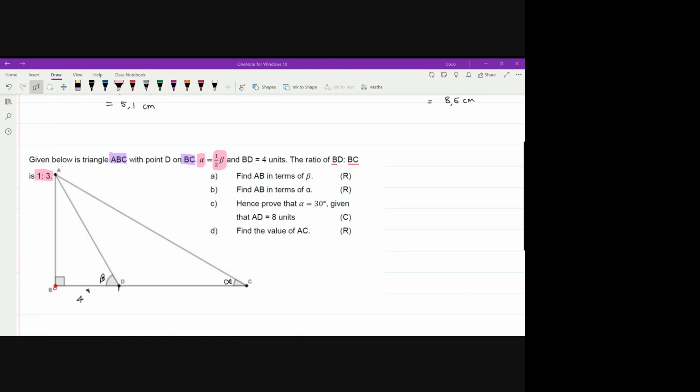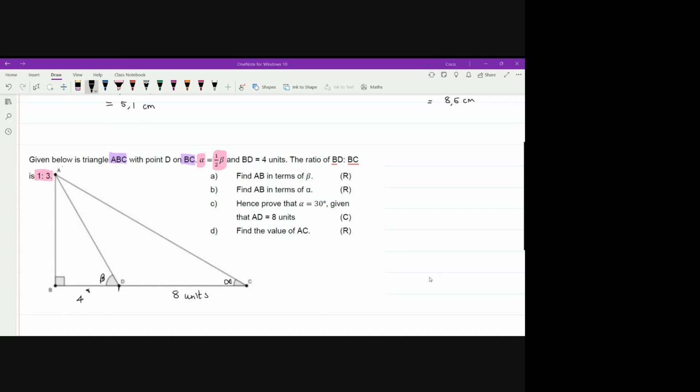We've got to read the question. So if this is in a ratio of 1:3, that is 1, and the whole thing is 3. That means the whole thing is 12. DC will then be 8 units. So it's in the way we read it. We need to be able to understand exactly what it is they're telling us.